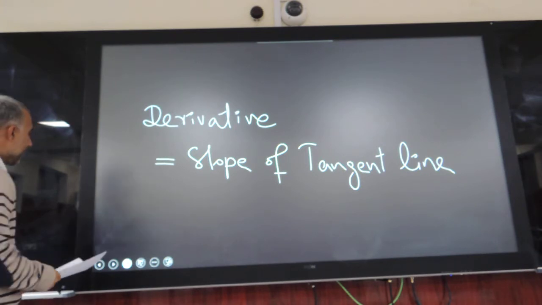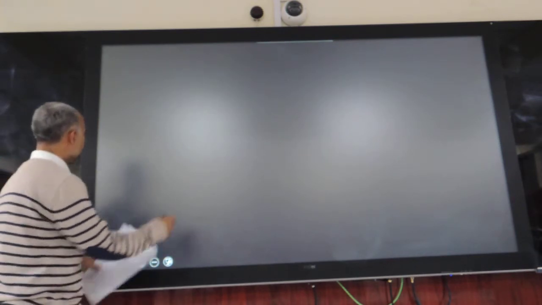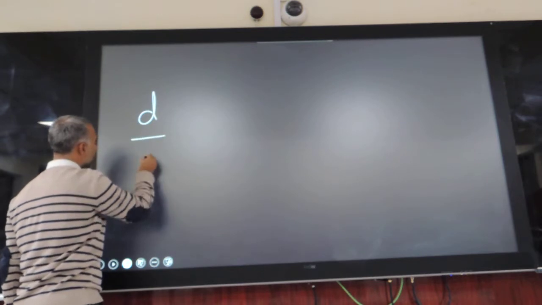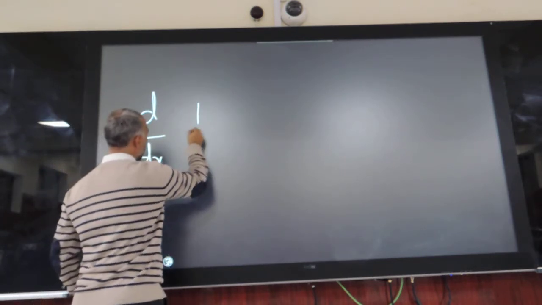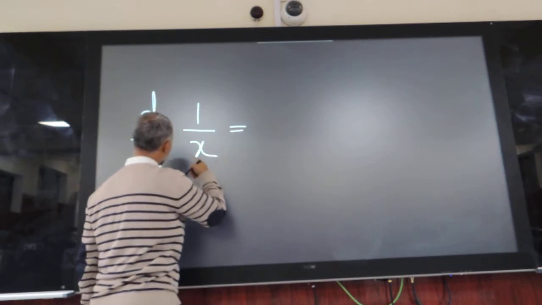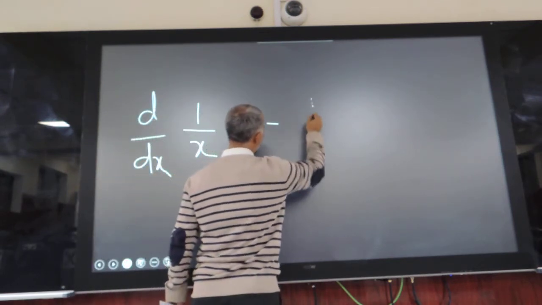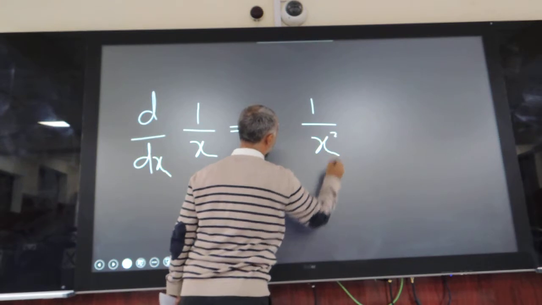As we are already familiar with, the derivative of 1 over x is equivalent to this expression.